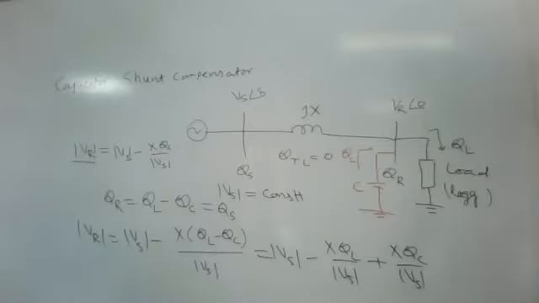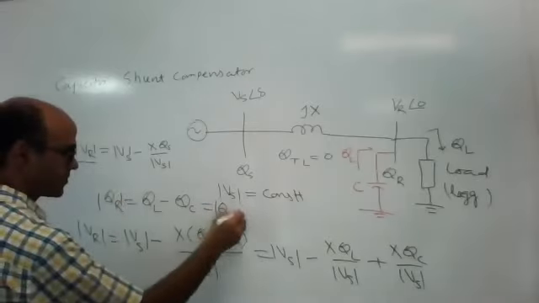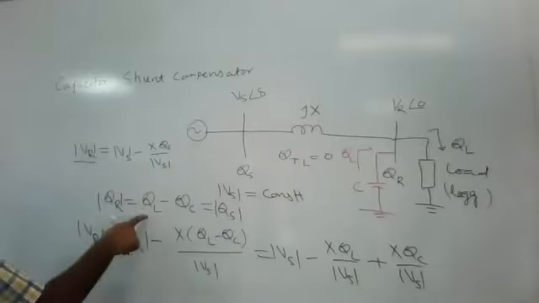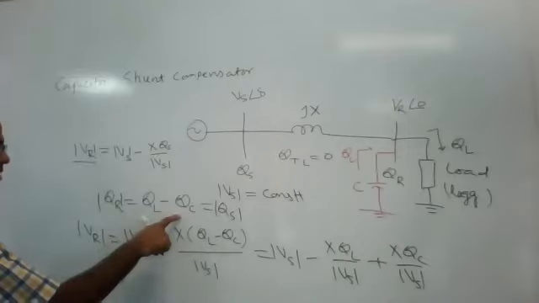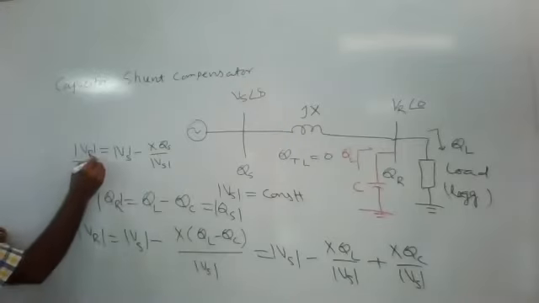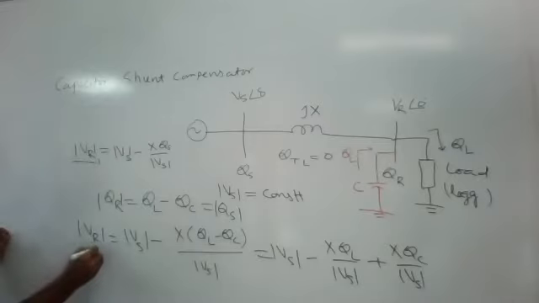So what is QS? QS is nothing but QL minus QC. These are the magnitudes. From the first equation, this is the load demand power, and this is the power provided by the capacitor. So in the first case, I am assuming this is Vr1, then this is Vr2.